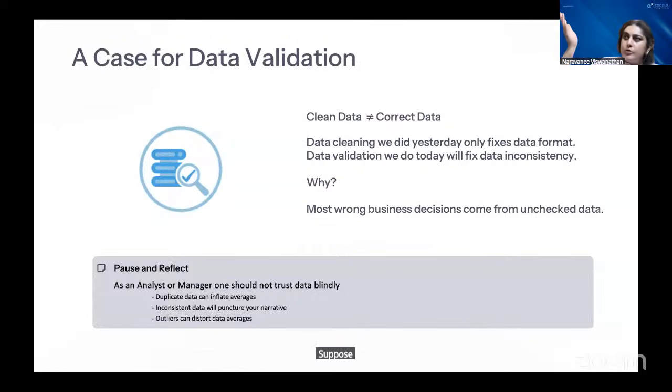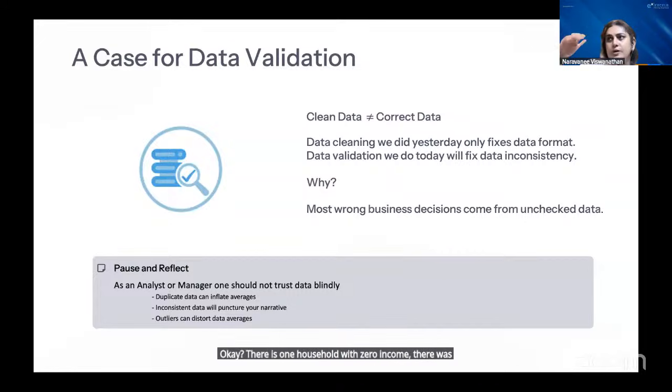Suppose there was another household having 2 crores income. Should I keep that household or remove it? Let's say there are some 80 families living in the street. There is one household with zero income and one household with 2 crore income.